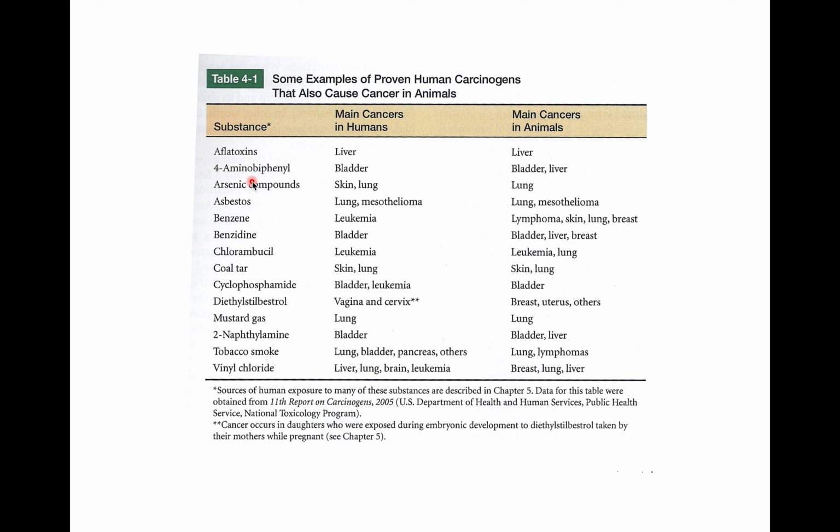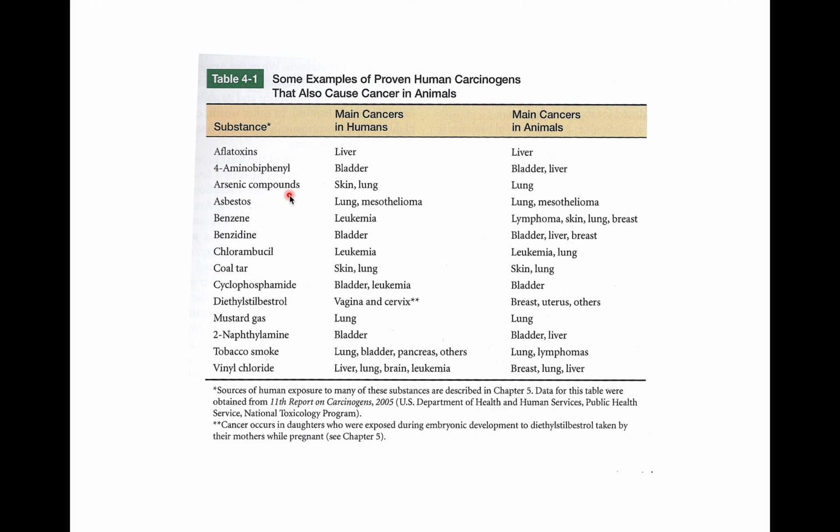And I just wanted to point out, in terms of chemicals that cause cancer, various carcinogens, one concern with animal testing is that animals are not humans, right? Mice are not exactly the same as humans. So maybe a chemical that causes a specific type of cancer in mice may not cause that same type of cancer in humans.